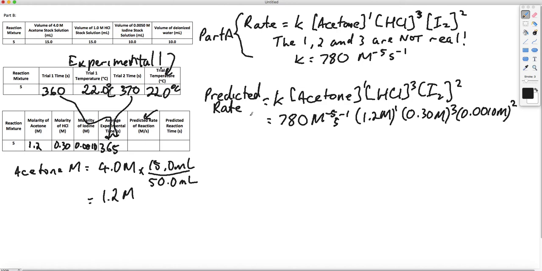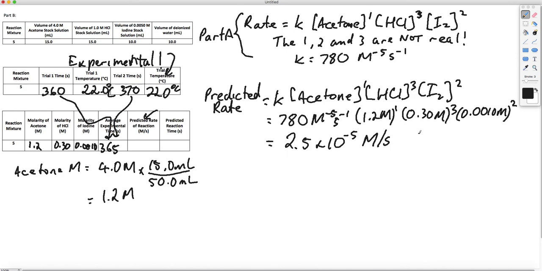And the predicted rate then is going to be what we'd figure out from that, which would end up being 2.5 times 10 to the negative 5 molar per second. So you can see that all the molarities will end up cancelling. We'll be left with M here and per second here for the s to the negative 1. So that's the predicted rate.